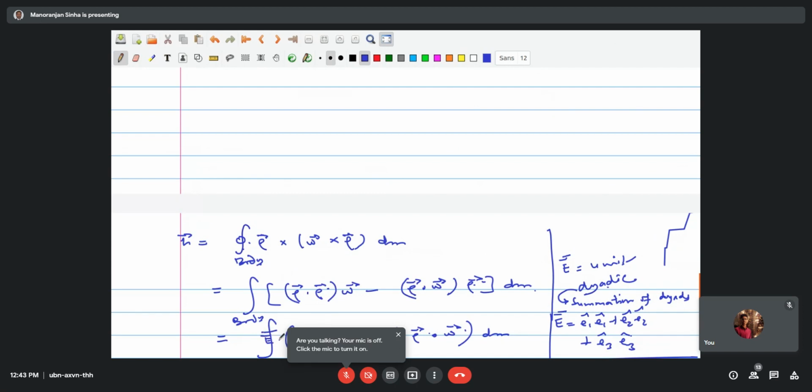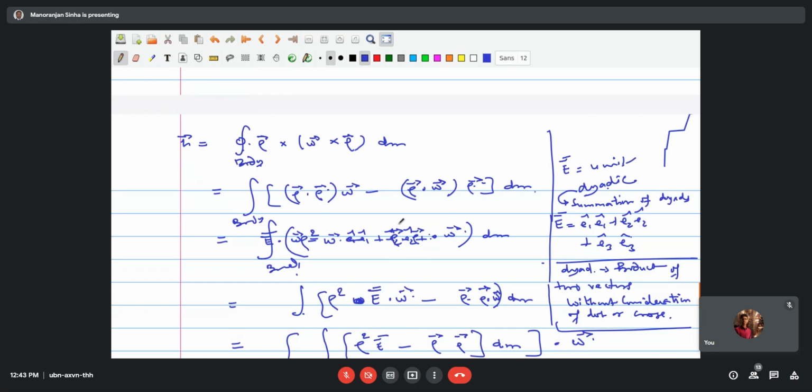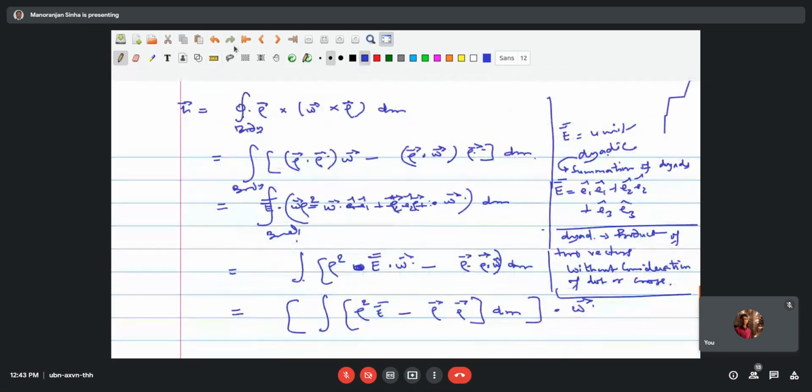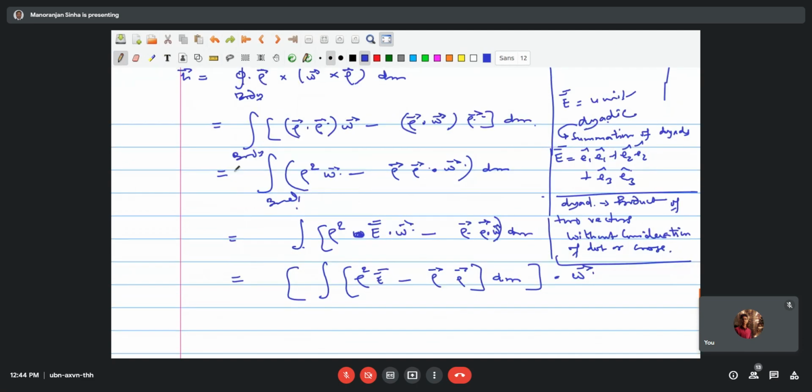Now let us look into this part. E double bar dot omega. So you have E1 cap E1 cap plus E2 cap E2 cap plus E3 cap E3 cap, dot omega 1 E1 cap plus omega 2 E2 cap plus omega 3 E3 cap.